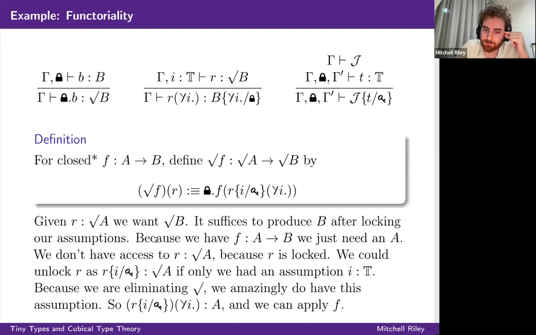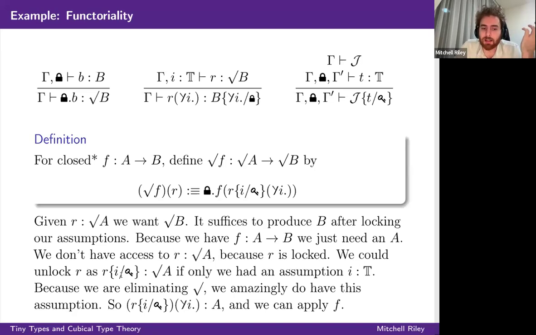Okay, we're trying to get B. Because we have this function available, we just need to get an A. So our new goal is just an A. It would be nice if we could use the map from the previous slide, which just lets us extract the A from root A. But we can't do that because we've now locked our root A assumption behind the context lock.